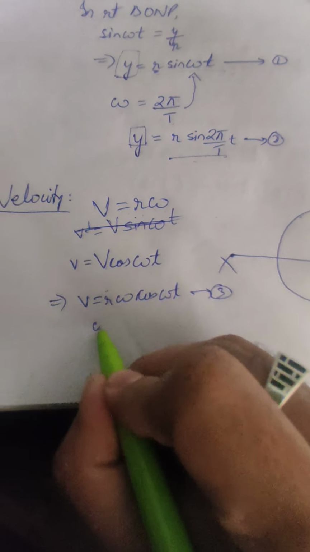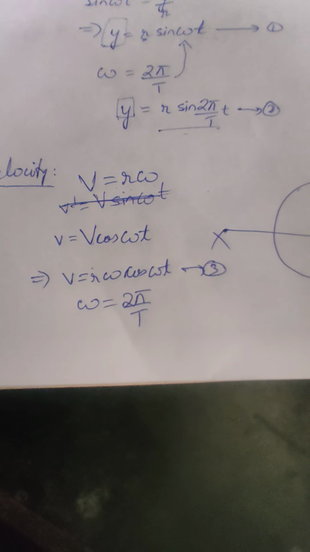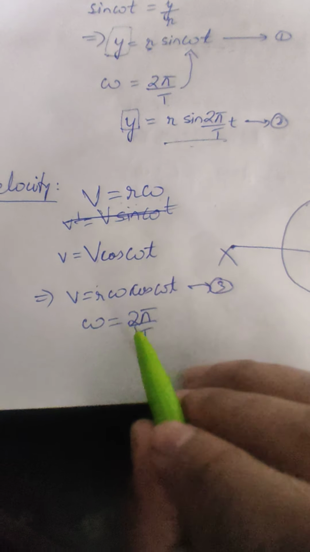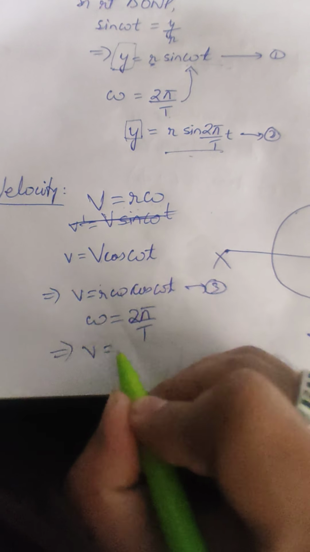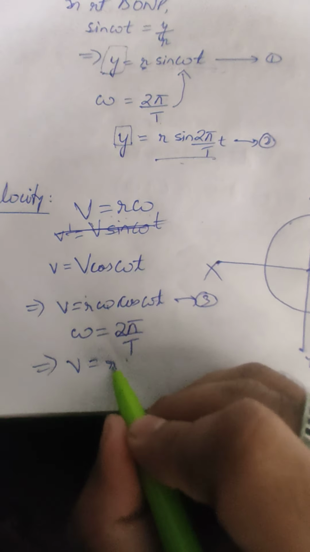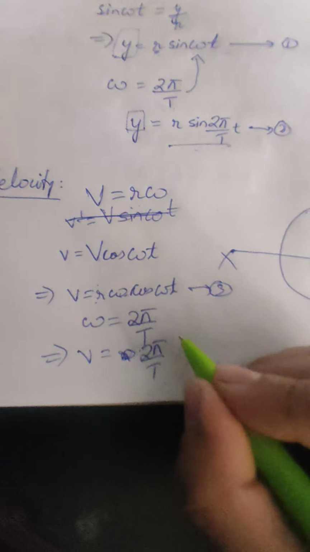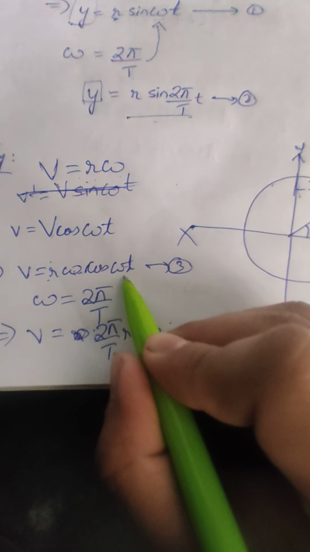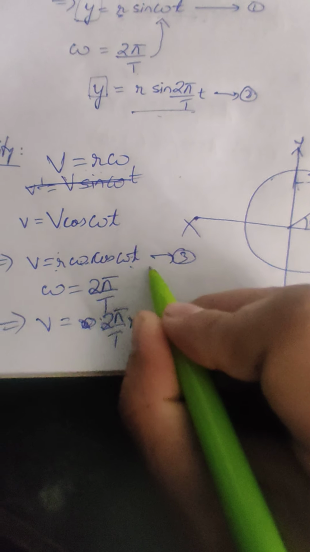Now again, omega is equal to 2 pi by T, right? This is the value for omega. So if we use this 2 pi by T in place of omega in equation 3, we will get, I will write 2 pi by T first, then r, then cos, and here also in place of omega I will use 2 pi by T, times small letter t.